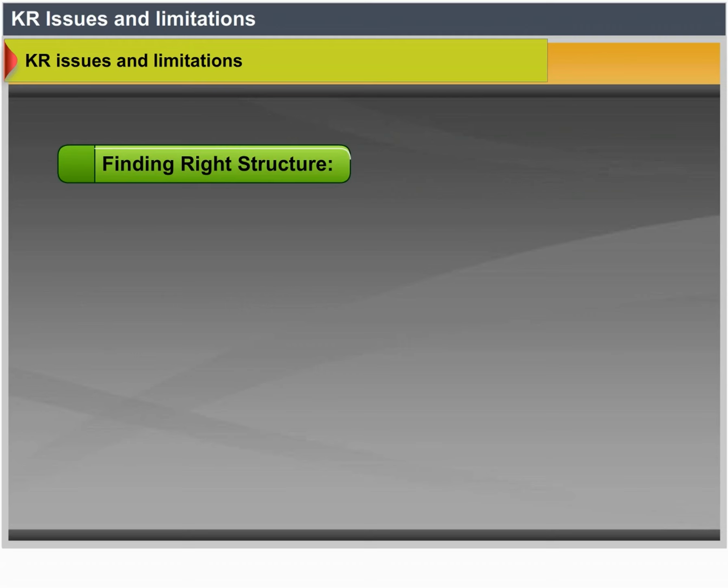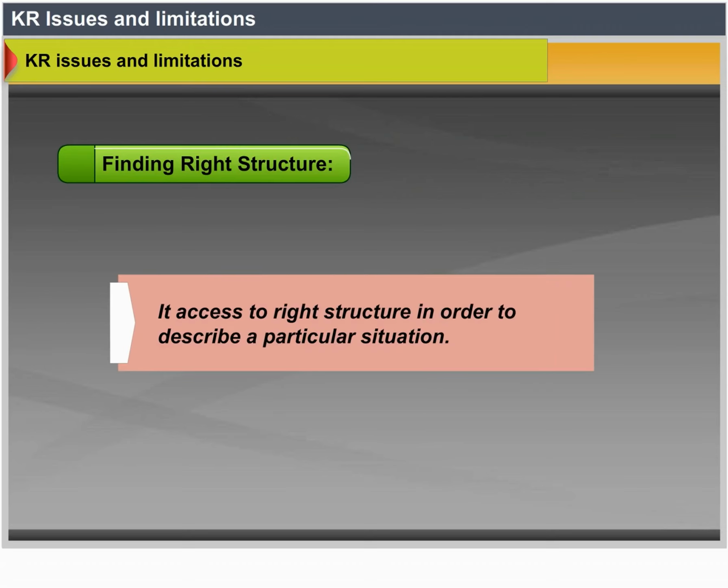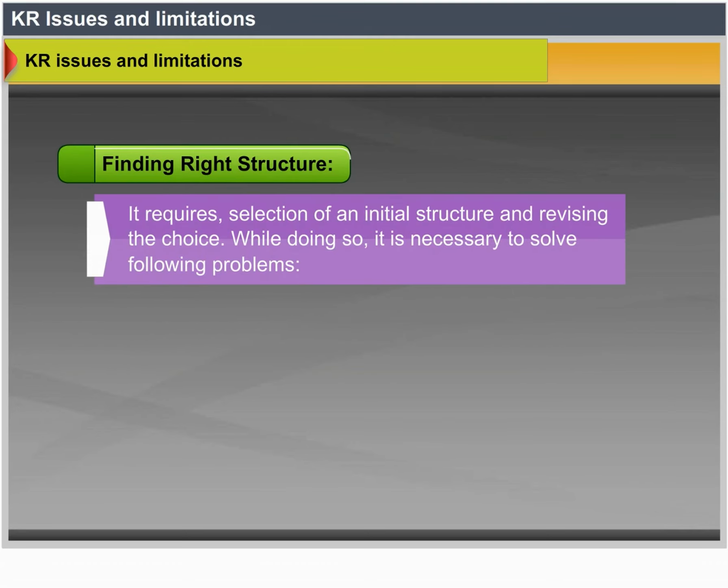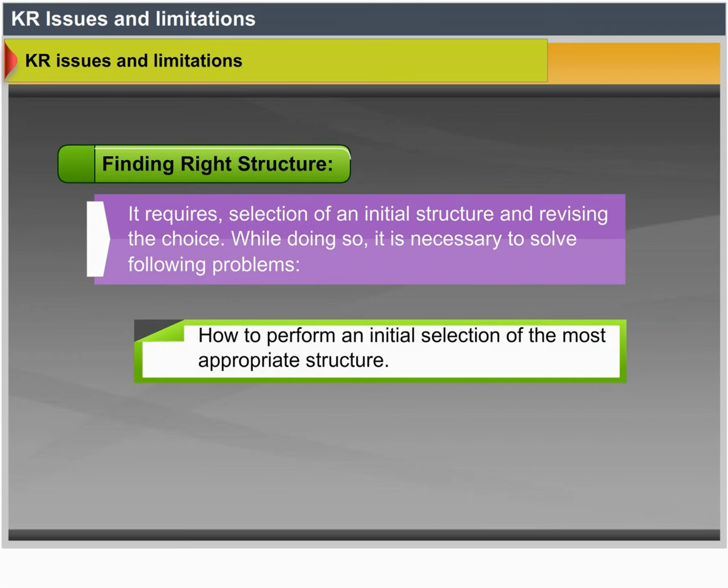Finding the right structure. It requires access to the right structure in order to describe a particular situation. It requires selection of an initial structure and revising the choice. While doing so, it is necessary to solve the following problems. How to perform an initial selection of the most appropriate structure.